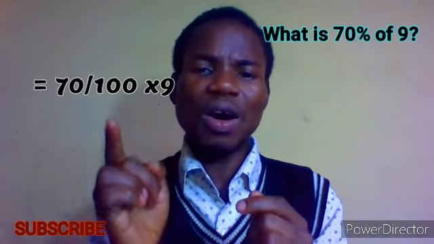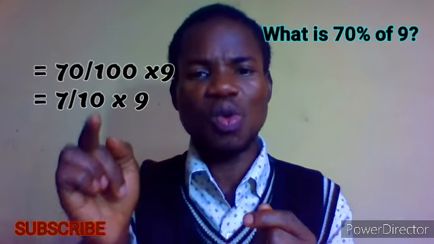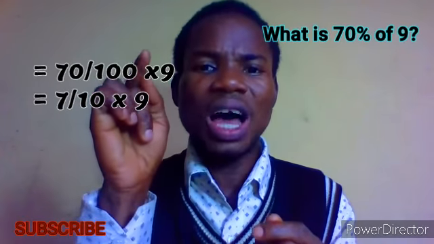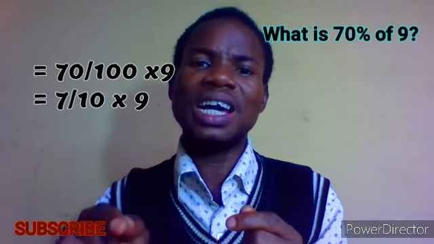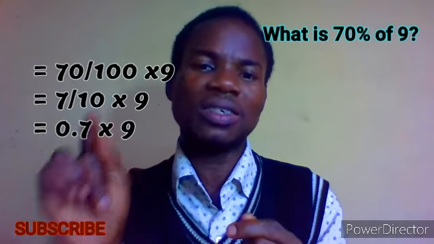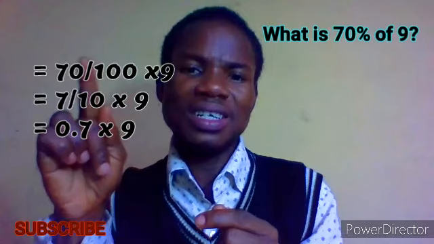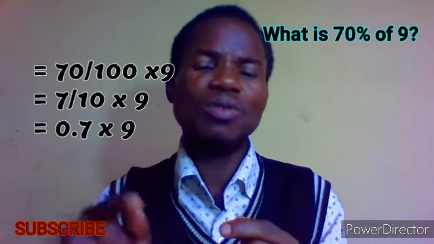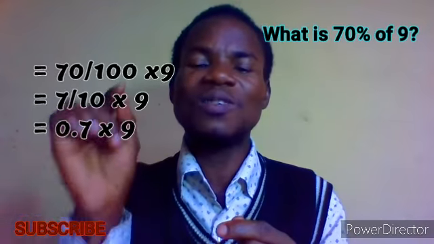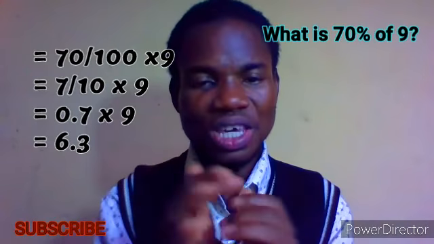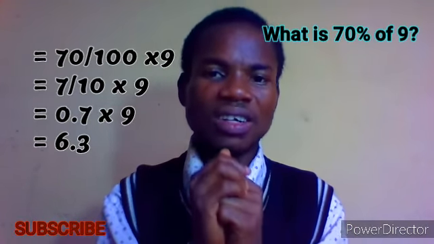Now 70 over 100, 1 0 will cancel 1 0, and you will have 7 over 10 times 9. 7 over 10 will give us 0.7 times 9. When you have 0.7 times 9, the answer will be 6.3. That will be our final answer.